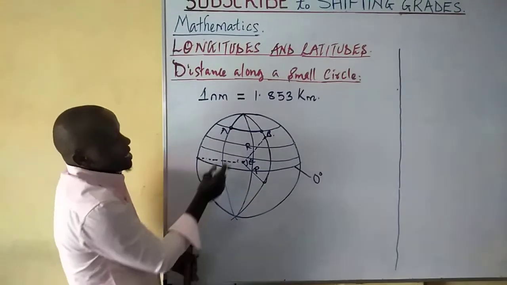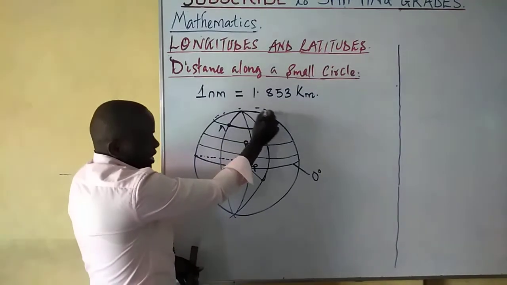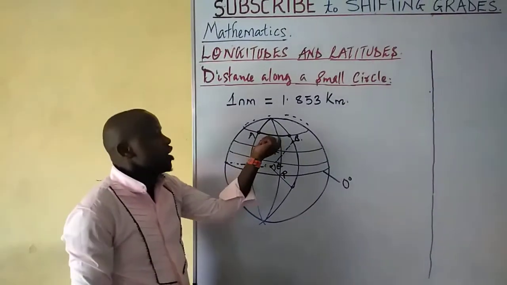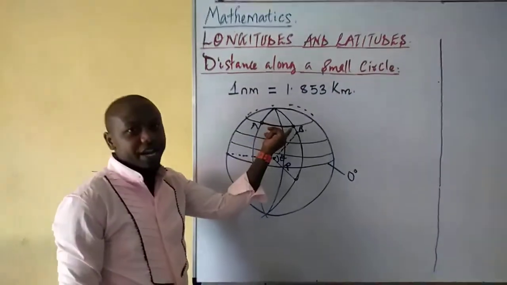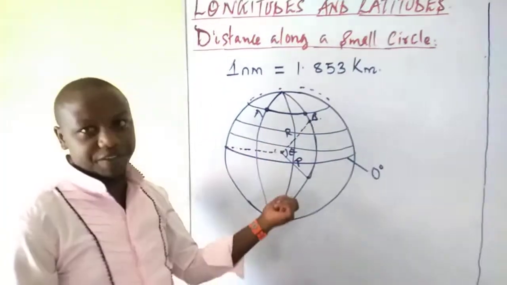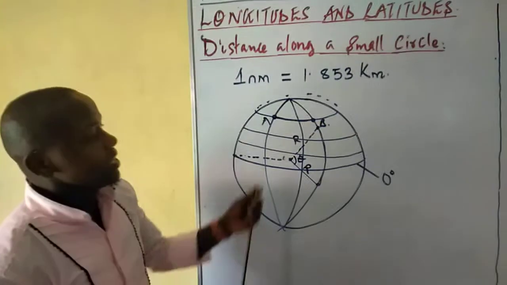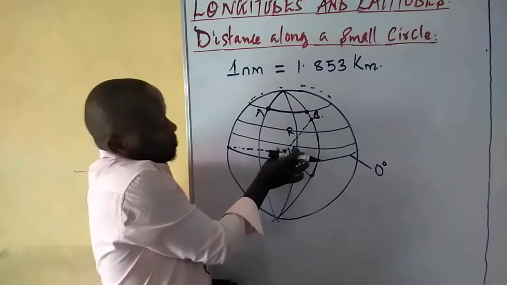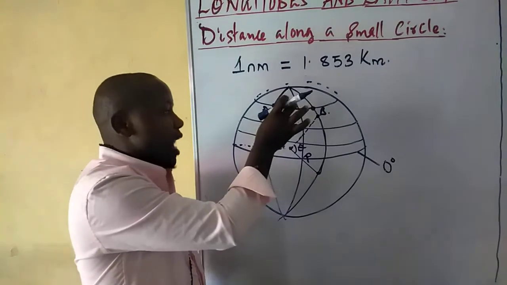But this circle, which is assumed to be going through the globe, cannot have an equal radius as the sphere. In this case, the radius is changing. The smaller the circle, the smaller the radius.